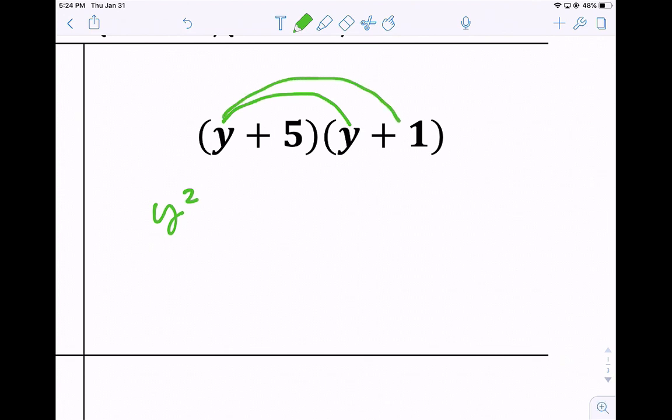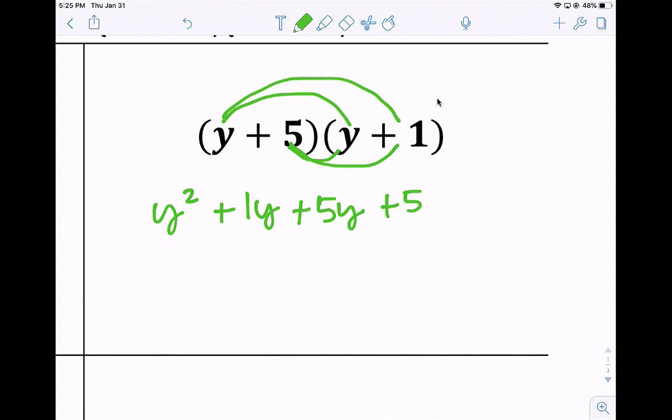Y times 1 is plus 1y, or you could just put plus y. You don't really need the 1. So we distributed y to both pieces. Now we distribute the 5 to both pieces. So 5 times y is plus 5y, and 5 times 1 is plus 5.